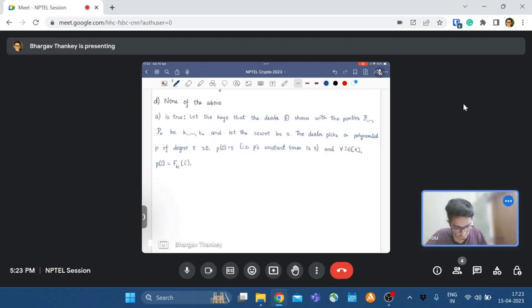In fact, p is a degree t polynomial, and we have fixed its value at 0 and at t points, right?